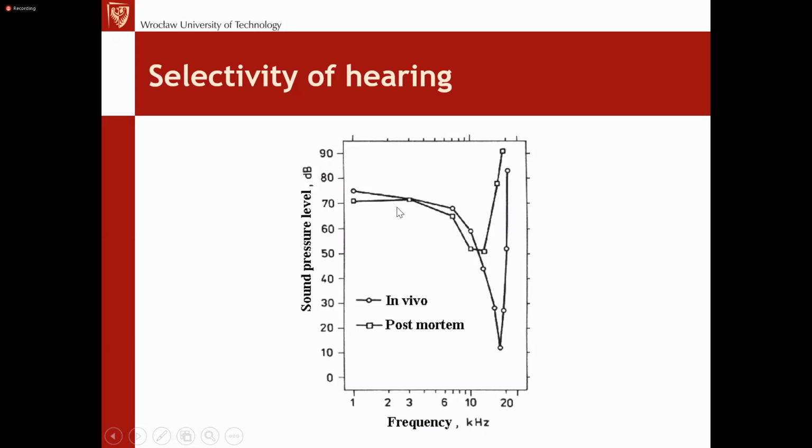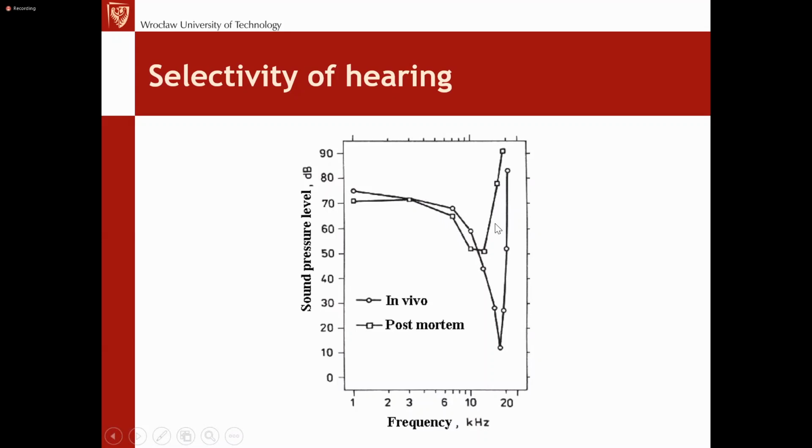And of course, you can see that in vivo we have some very steep activities, and it means that the accuracy of frequency discrimination or some sound object discrimination is more accurate in comparison to the post-mortem receiver.